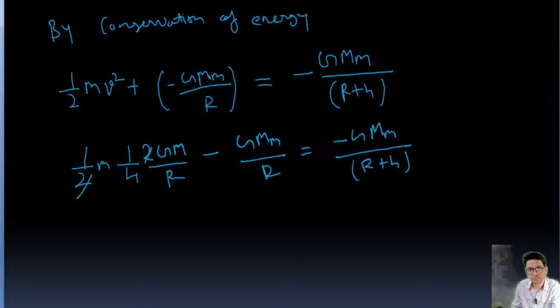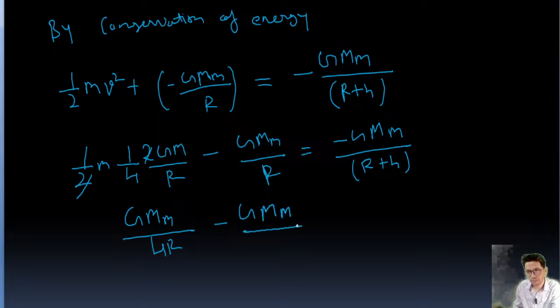So this is going to be GMm upon 4R minus GMm upon R, equal to minus GMm upon R plus H. GMm will get cancelled.